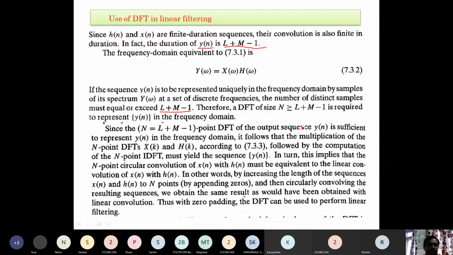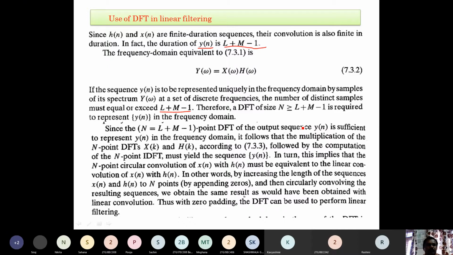On the machine side, the length is always a multiple of 2, such as 1, 2, 4, 8, 16, 32. If it is not, we append some more zeros to get the required standard length. We are going to talk about the standard length in one of the examples.